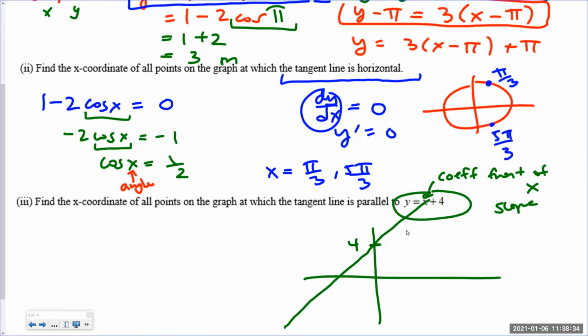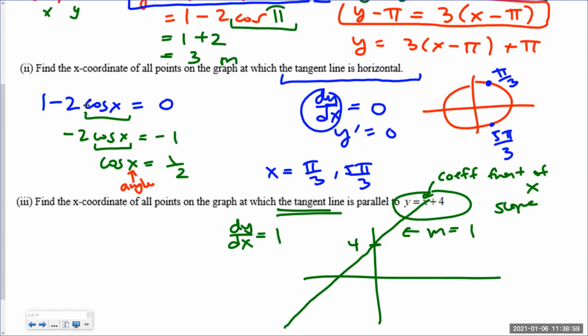So if this slope is 1, then the slope of the tangent line will also be 1. And guys, what's another name for the slope of the tangent line? Derivative, okay? So up here when they say the tangent line is horizontal, they're just saying dy dx is equal to 0. Down here when they say the tangent line is parallel, they're just saying dy dx is equal to the same as this slope, which is 1.